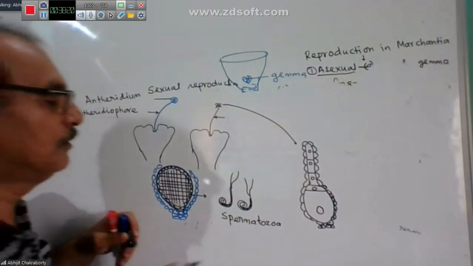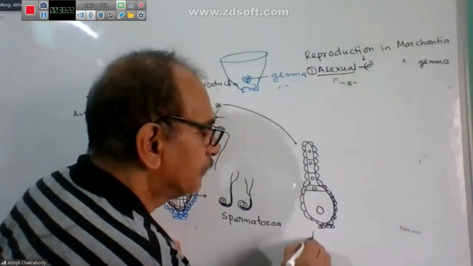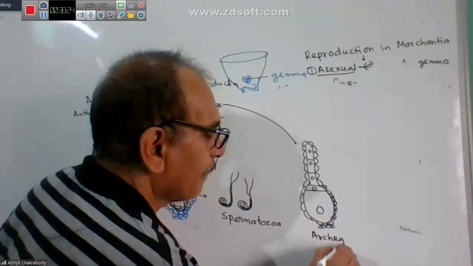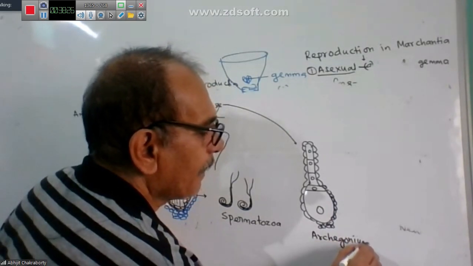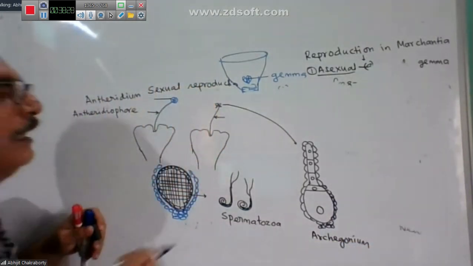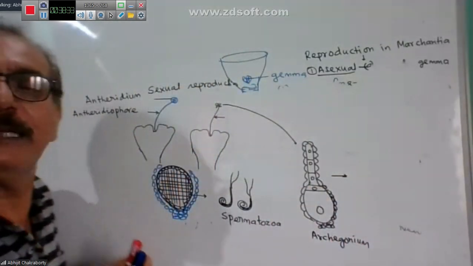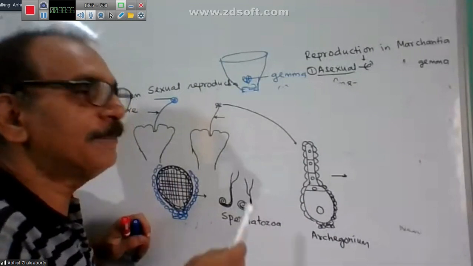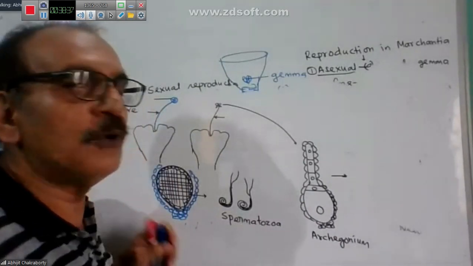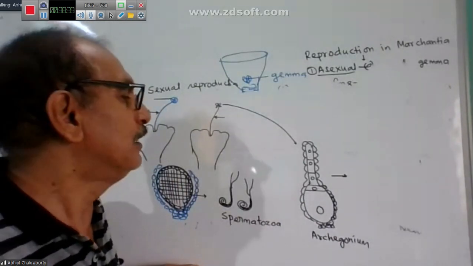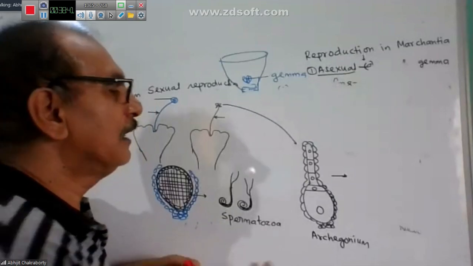Now, this is the mature archegonium. At the time of fertilization, whenever the wall of the antheridium is broken down, the sperms are released through water to reach the archegonium. And here what happens?